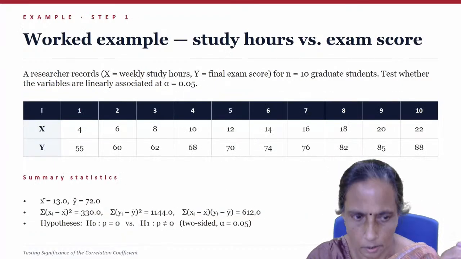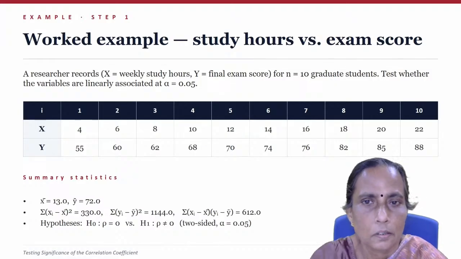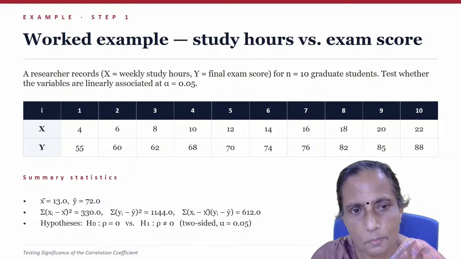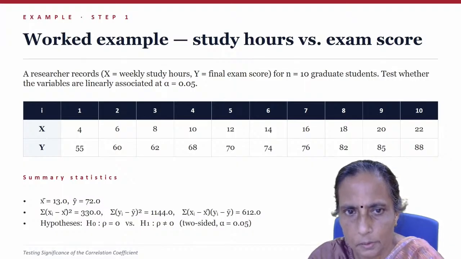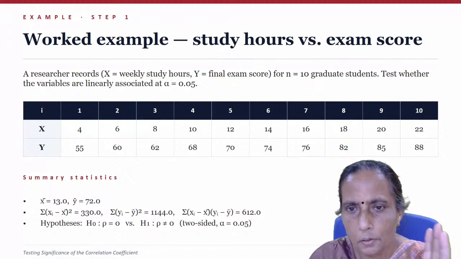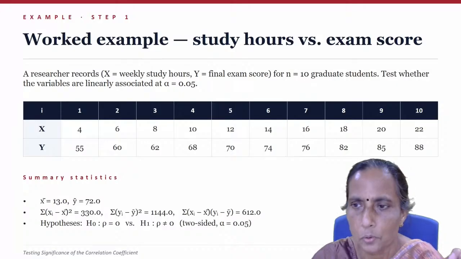So, taking certain calculations into consideration, study hours versus exam scores. Suppose a researcher records X equal to weekly study hours and Y equal to final exam score for N equal to 10 graduate students.